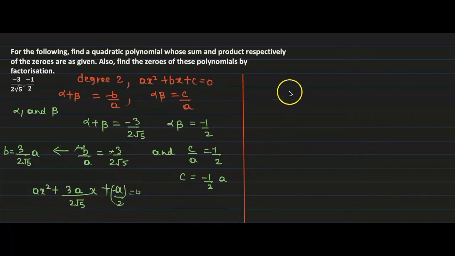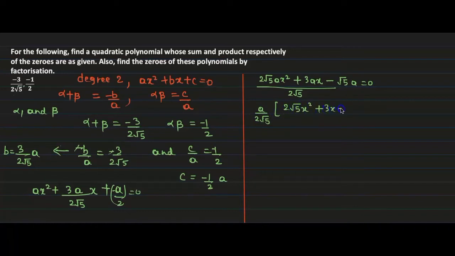Now let's take the LCM, 2 root 5. So the equation comes out to be 2 root 5 ax square plus 3ax, plus, or I can say minus root 5a is equal to 0, right? Let's take a by root 5 common. So in the bracket I will be left with 2 root 5 x square plus 3x minus 5.